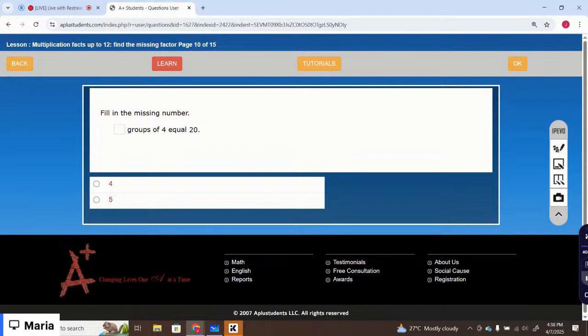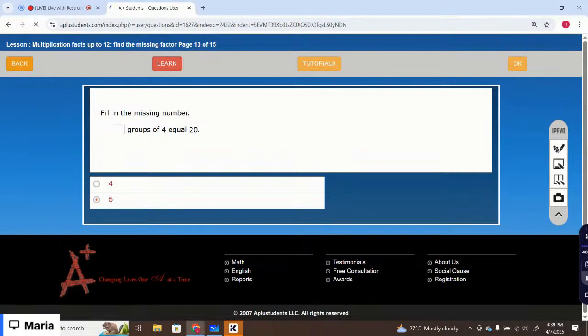How many groups of 4 equals 20? That is 5 groups of 4 is 20. Option number 2 is the correct option.